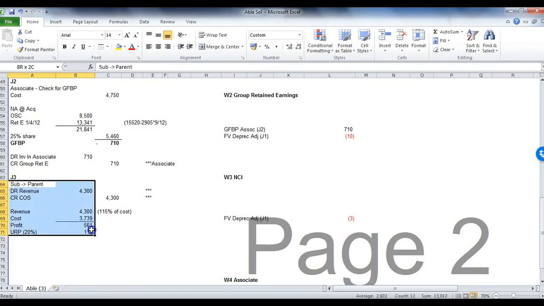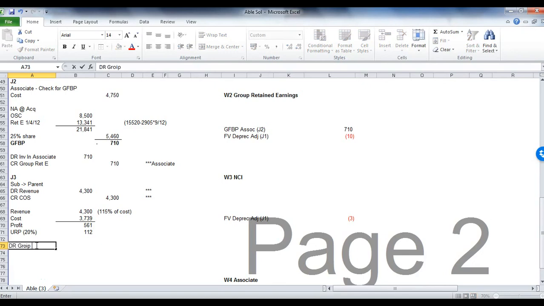And remember, it's the sub making this, so you need to split it between debit group retained earnings, debit NCI, and then credit inventory. So it's a particular set. It's slightly different if the parent was selling to the sub, but here you're reducing inventory by 112. 20% of the hit goes to the NCI, and 80% of the hit goes to the group retained earnings.